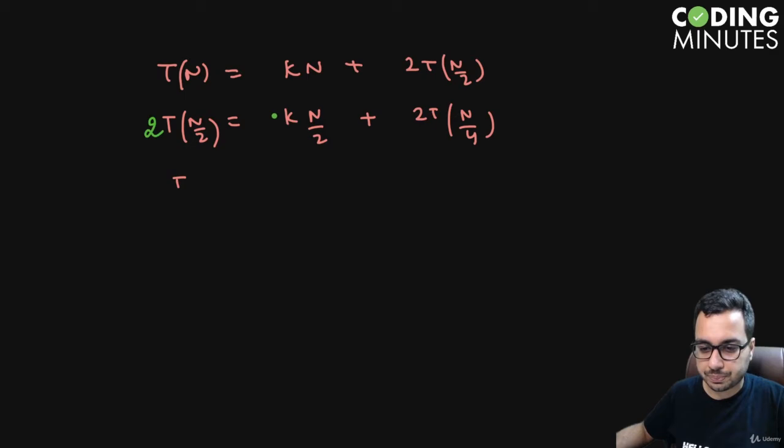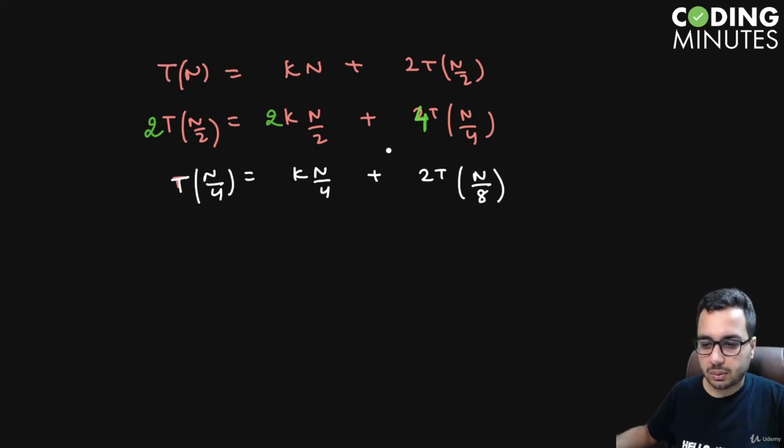This becomes 2, and this becomes 2 into 2, that is 4. Next, T(n/4) is k(n/4) plus 2T(n/8). Again I have a 4T here and a T here, so I need to multiply this equation by 4. So it becomes 4k(n/4), and this will now become 8.